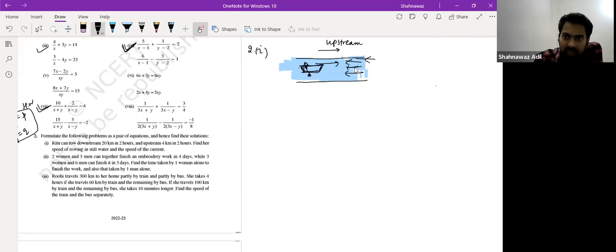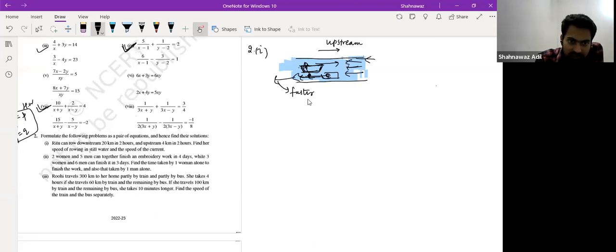And if the person rows like this, so he is going in this way, right? So he is moving in the direction of the flow of the river, so he will go faster. So what are the two unknowns here?